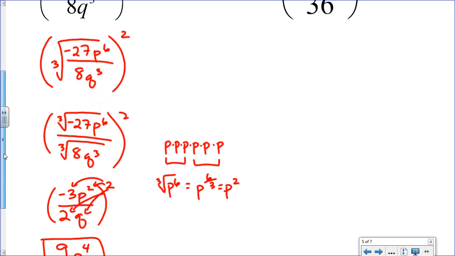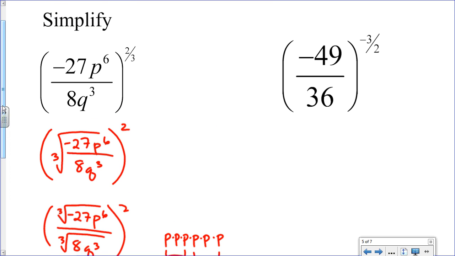Okay, let's go back up to this example. Okay, so I'm going to do the square root of negative 49 over 36, and I'm taking that to the negative 3rd power.